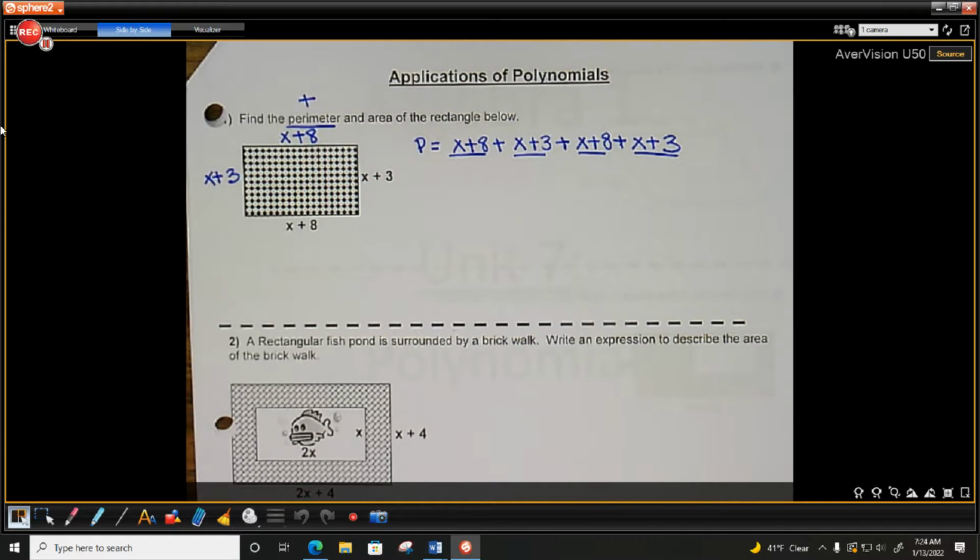When we add our like terms, what are we looking for? The same thing. What do you mean by the same thing? How do they look the same? Do they have to have the same coefficient?